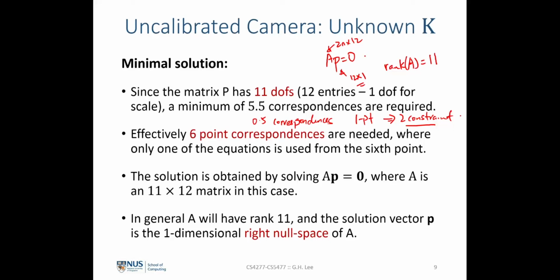Effectively, a minimum of 6 point correspondences are needed, where for the last point correspondence, only one equation is used to form the A matrix over here.